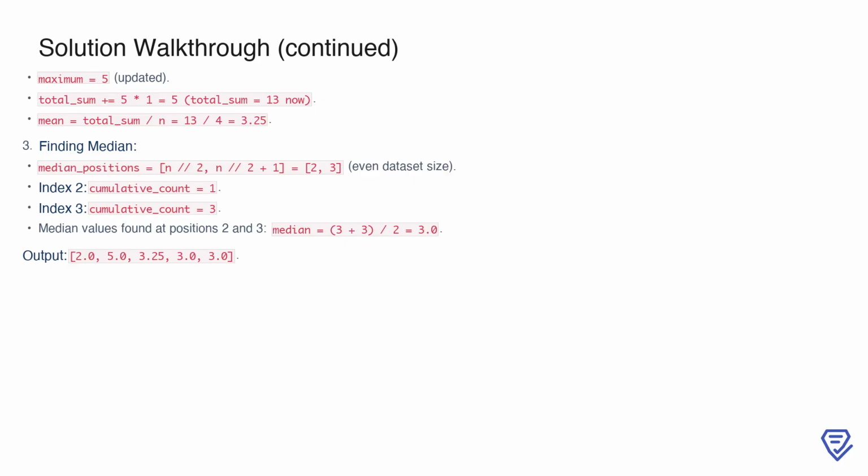Next, we move on to find the median. Since the dataset size is even, the median positions are the middle two values, at positions 2 and 3. To locate the median, we traverse the count array while maintaining a cumulative count of elements. At index 2, the cumulative count is 1, which is less than the first median position, so we continue.